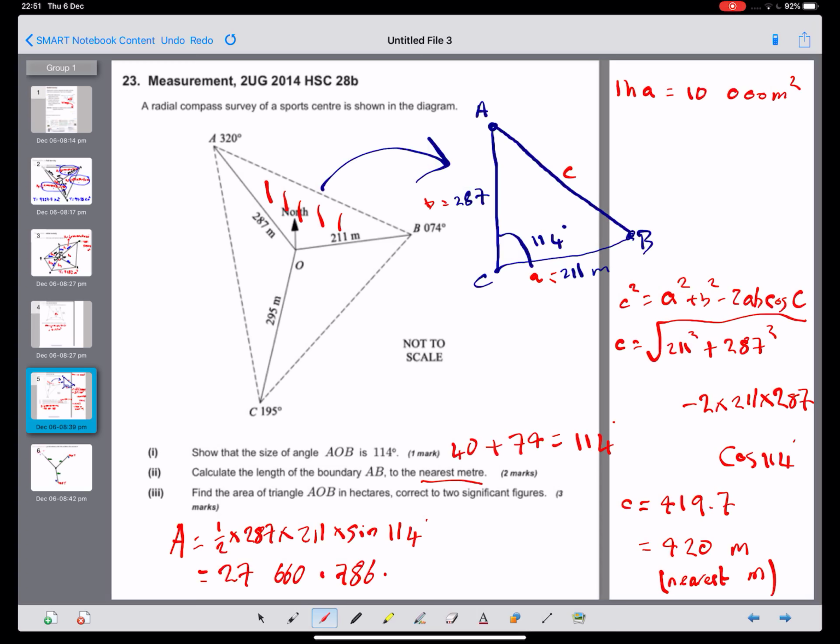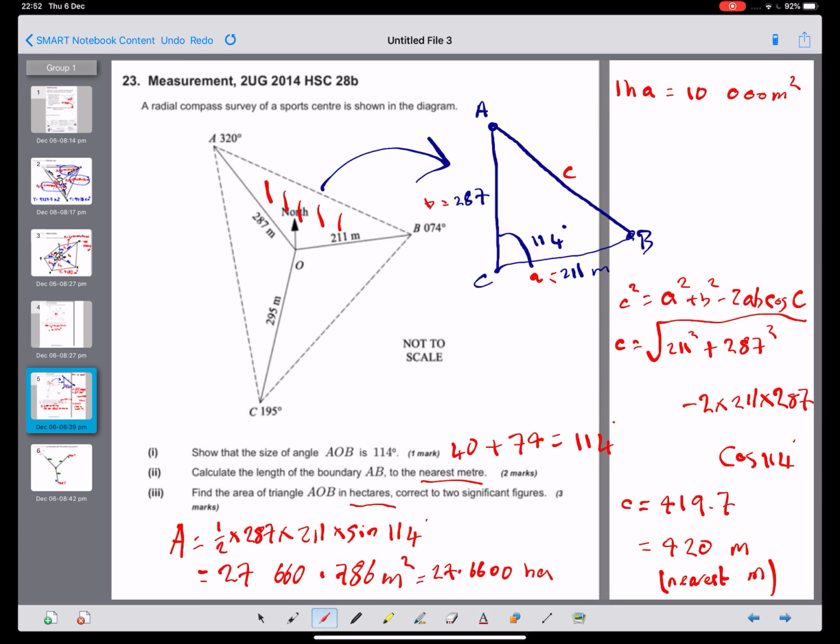27,660.786 meters squared. Now, how do we convert that into hectares? Okay, we divide by 10,000. Okay, so we divide that by 10,000. That's going to give 2.766 hectares. Okay, and it says two significant figures.